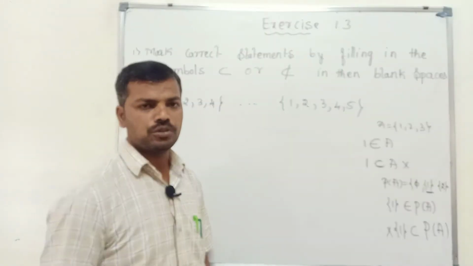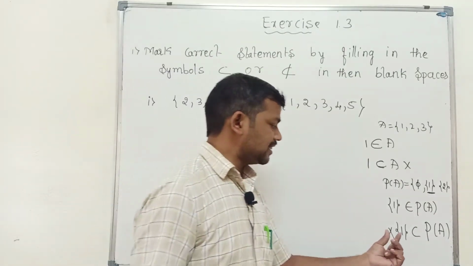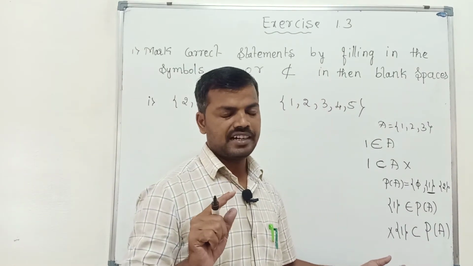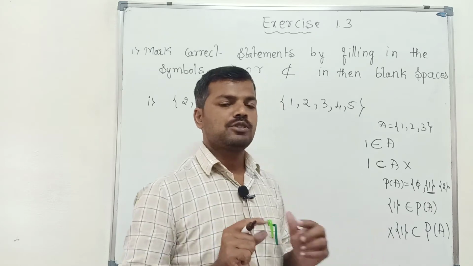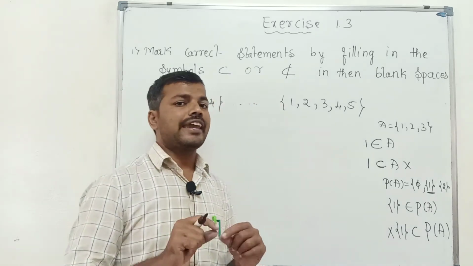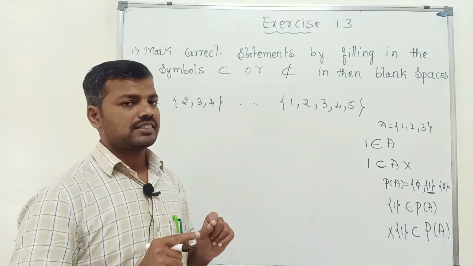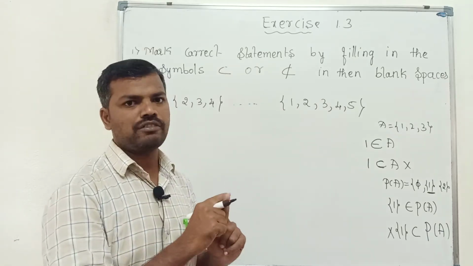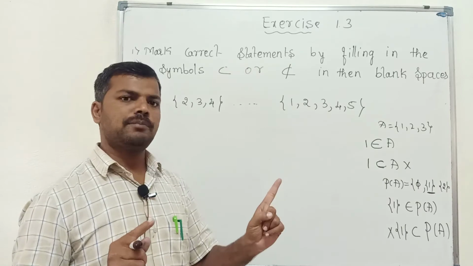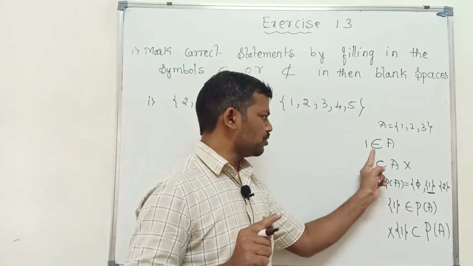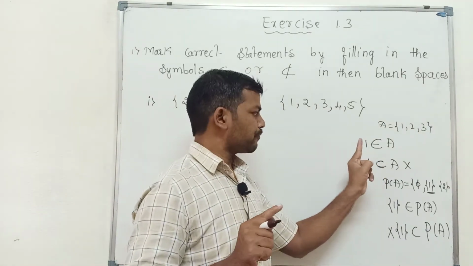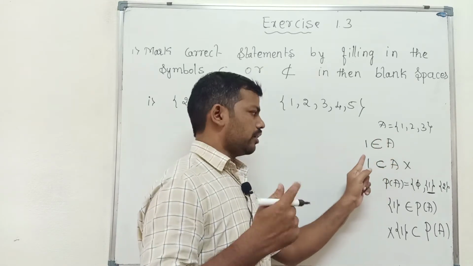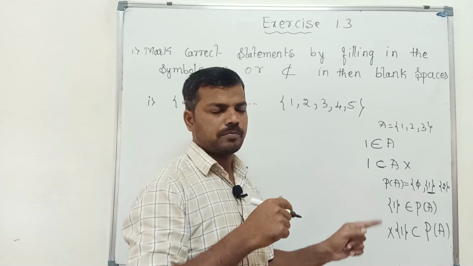Because it is an element of a power set, not a subset. For an element we cannot use the subset symbol; subset is used only when it is in set form. If a single element is there, then we have to use belongs, or if it is not there, does not belong.